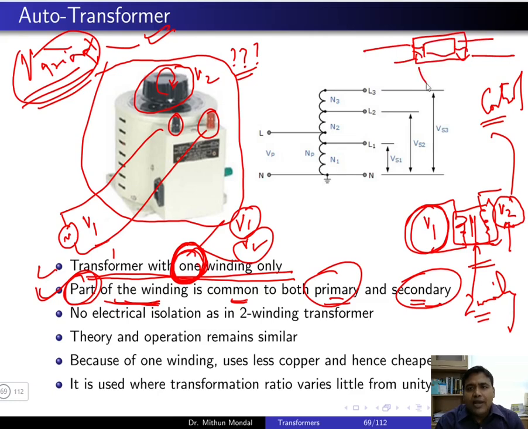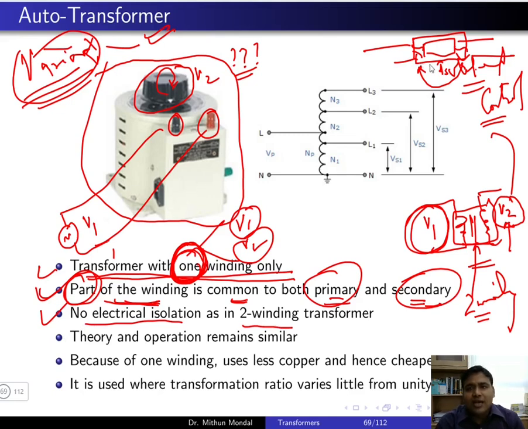The primary winding and secondary winding are not electrically connected; they are isolated, whereas no electrical isolation will be there in your auto transformer.